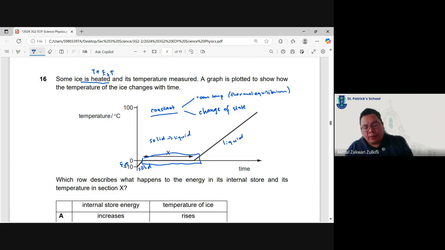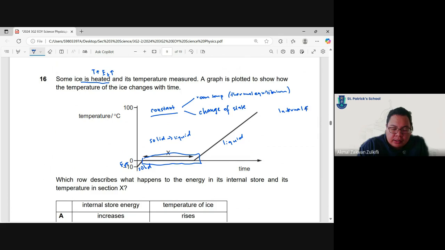Again, remember whenever we talk about internal energy, there are two types of internal store: the kinetic energy of particles and the potential energy of particles. EK talks about temperature. EP talks about state.